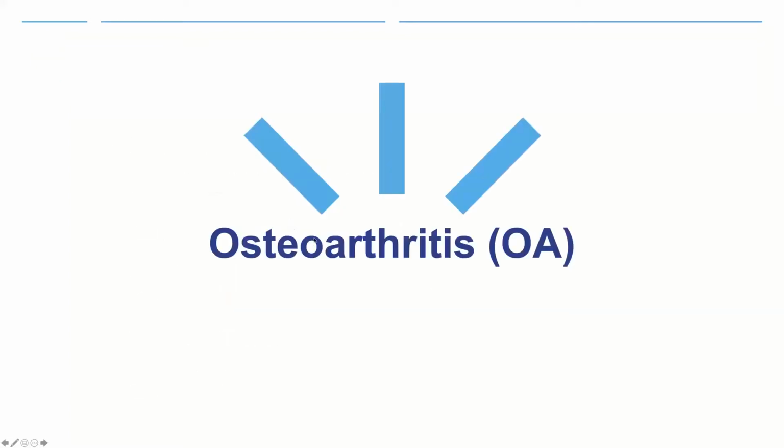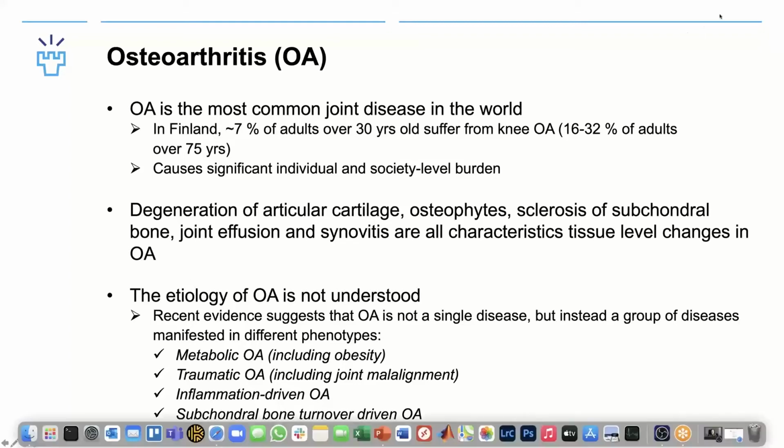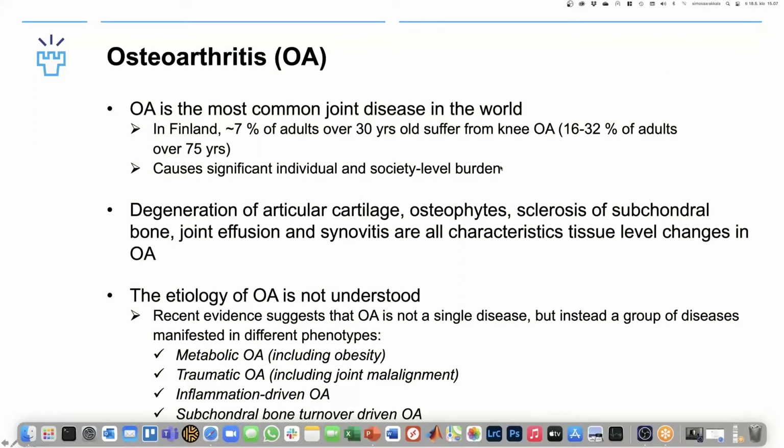So let's start with osteoarthritis as a disease. It is actually the most common joint disease in the world. In Finland, over 7% of adults over 30 years suffer from knee osteoarthritis, and this increases progressively when we go to the higher, older age groups, and it causes significant individual and society level burden.